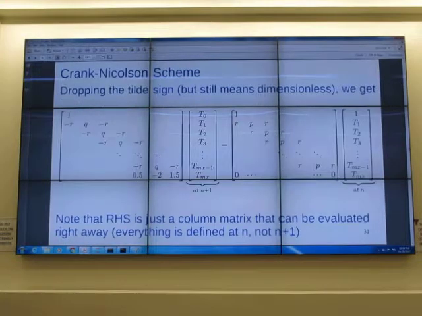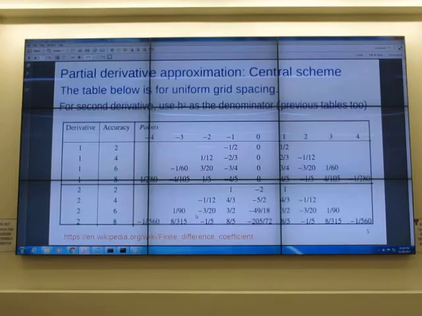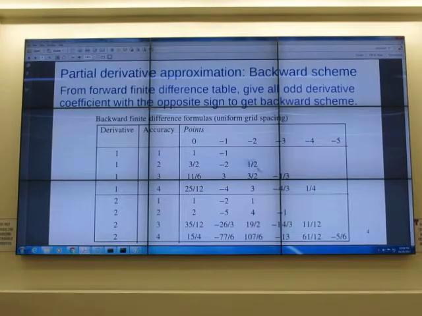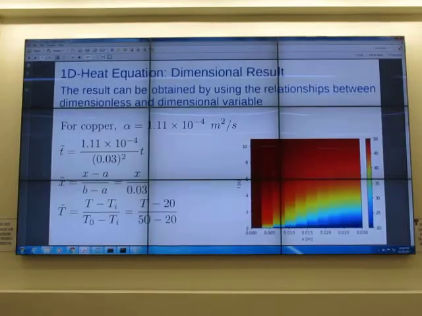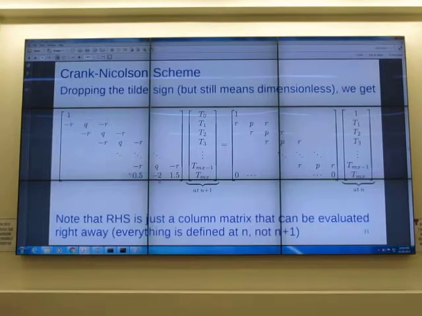I think I use the backward scheme. 0.5, minus 2, 1.5 at the end. Oh, I did it right. So at i minus 2, I use 0.5. At i minus 1, I use minus 2. At i, I use 1.5. So I use a second order accuracy backward scheme for the boundary condition on the right. That's why I have this.